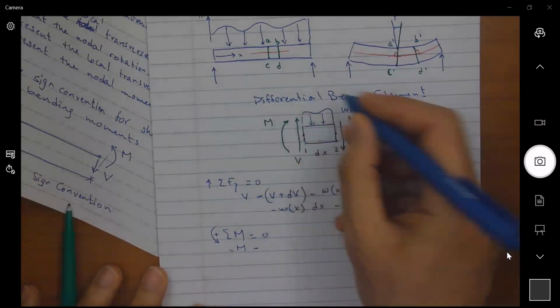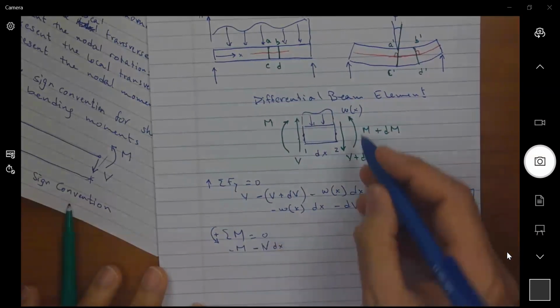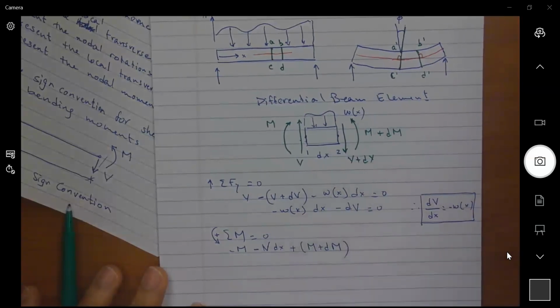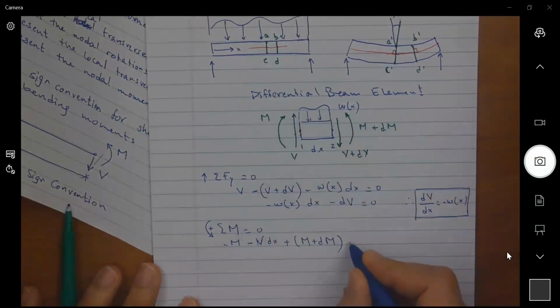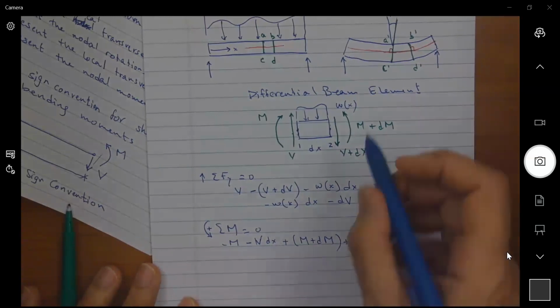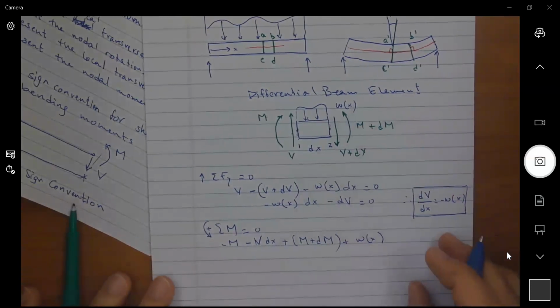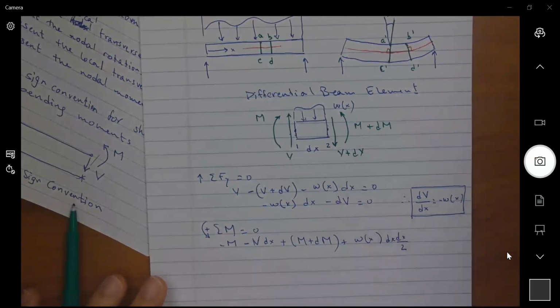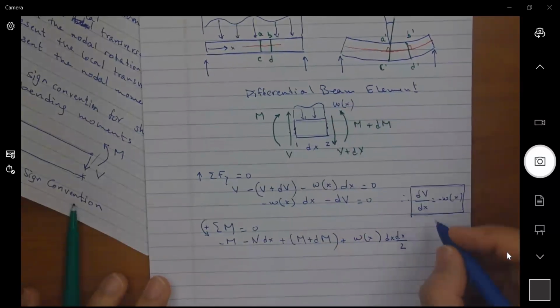So I have minus M, V dx also, and then I have the M plus dM. And the moment from the distributed load would be a plus W of x dx times dx over 2. So we're taking moment about 2. This is equal to 0.